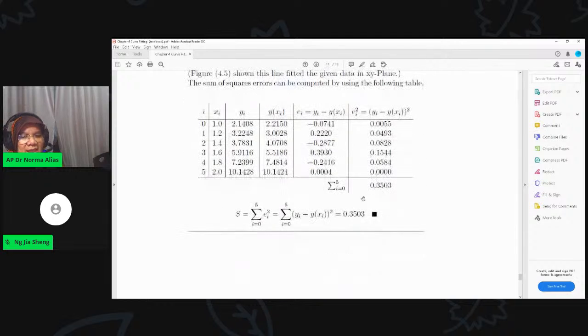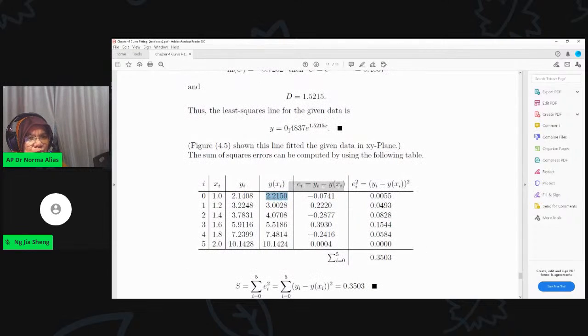And then to get the error, what is the error? The error in our case is the difference between the given data yi and the yi that comes from y equals c exponent dx.